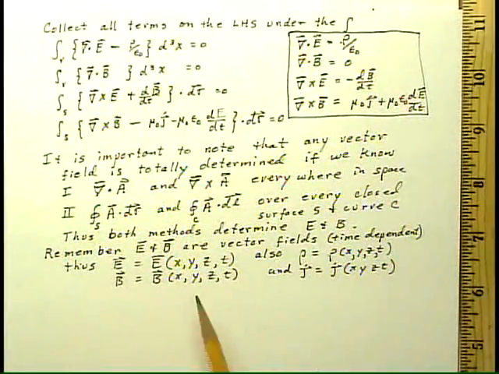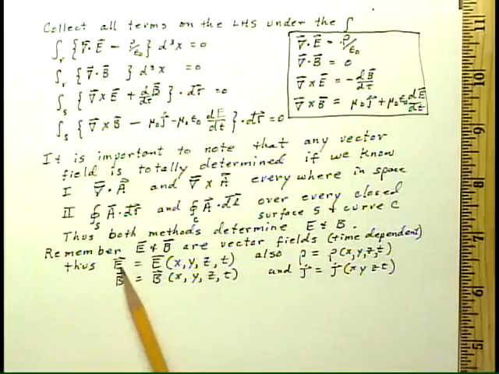Remember that these fields are vector fields, they're time dependent, and when we write E, we really mean a function of x, y, z, and t.